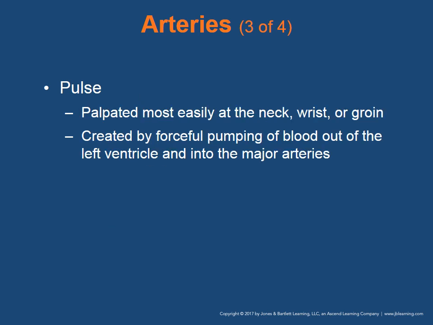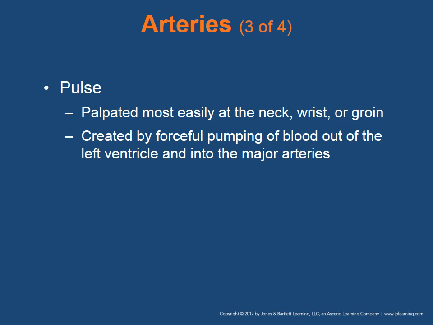A pulse is palpated, or felt, most easily in the neck on the carotid artery. The wrist is also felt easily, but if a person is hypotensive, has low blood pressure, or is in a shocky state, the body tries to compensate by shunting blood away from the periphery more to the core.